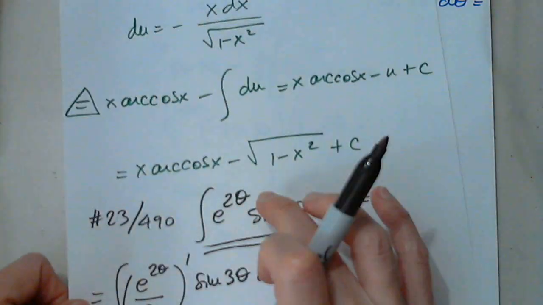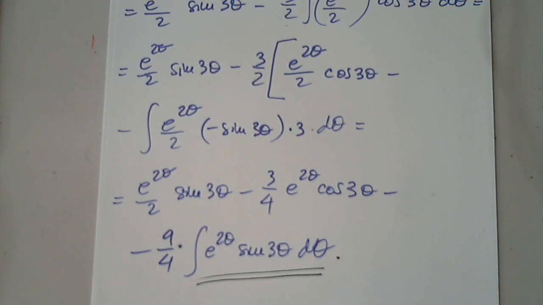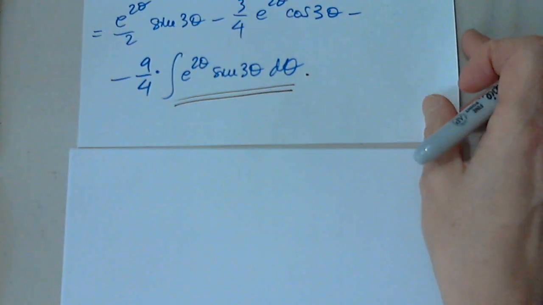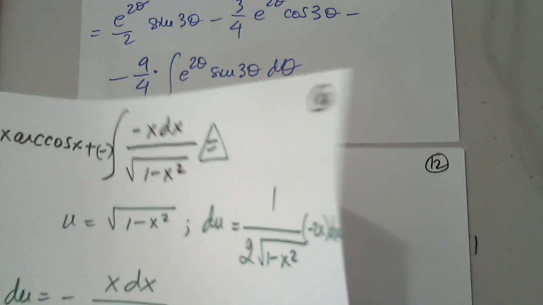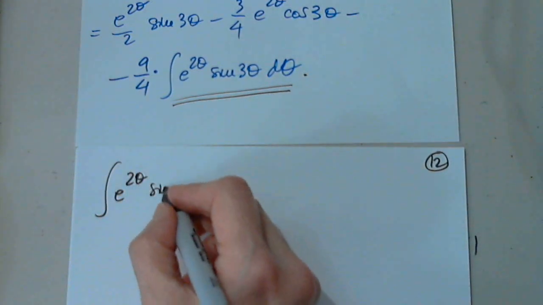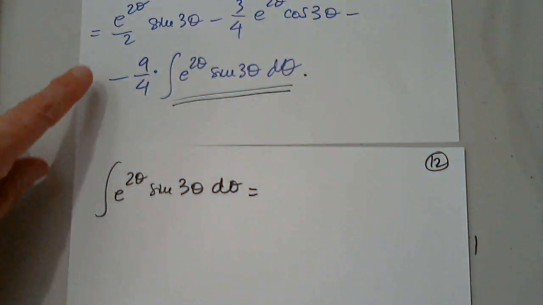So I'm going to copy the beginning, and I'm going to copy 3 terms, and then I'll show you what happens. So the beginning of this whole thing was the integral of e to the 2 theta sine 3 theta d theta. And here's what I got.